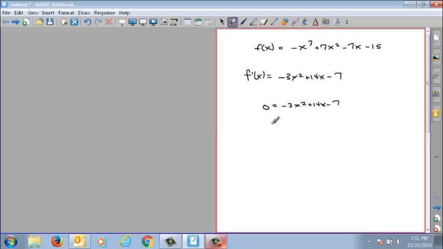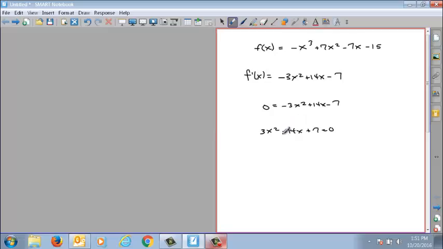So let's just divide by negative 1. I mean, the original function is negative, but to find the zeros, it doesn't matter whether we multiply by negative 1, so we can do that. So you'll end up with 3x squared minus 14x plus 7 equals 0.